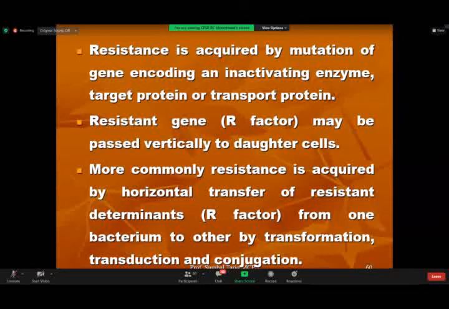The resistance is acquired by the bacteria by mutation to gene encoding and inactivating enzyme, target protein or transport protein, through which the drug was being transported into the bacteria, and now it can't be transported.